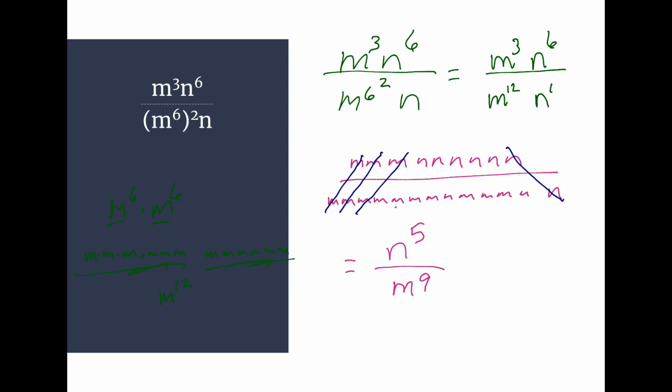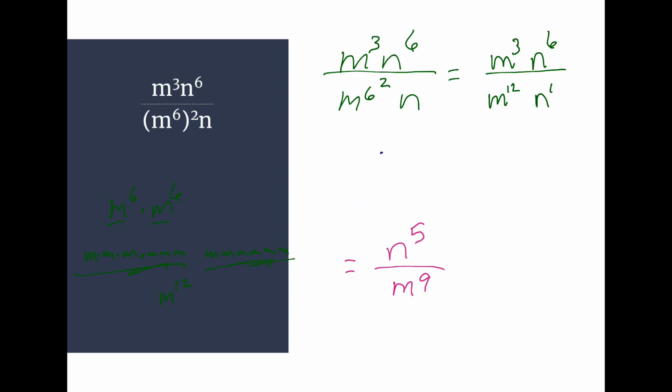And don't forget, when we're doing our rule here, if we have the same base, so we have cubed and 12ths, then we can just subtract exponents. So let's do that real quick. If I subtract the exponents, m to the 3rd minus 12 gives me m to the negative 9.